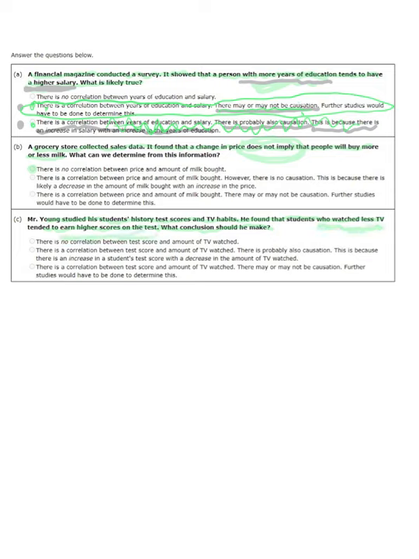So there's some relationship there. One's going down, the other one's going up. So there seems to be a correlation there. Of course, we would need to do more studies on that. So I would say there is correlation, but further studies would have to be done on that one. That's what I'd go with on that.